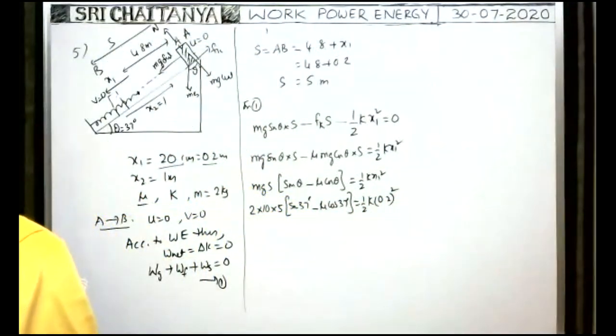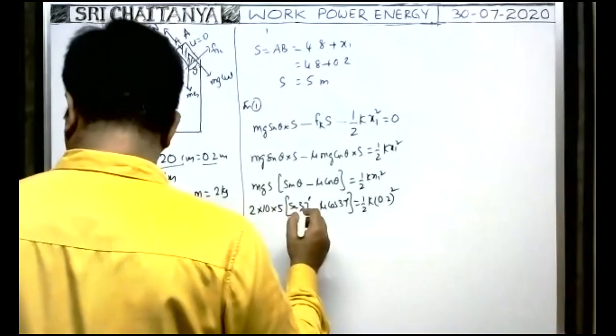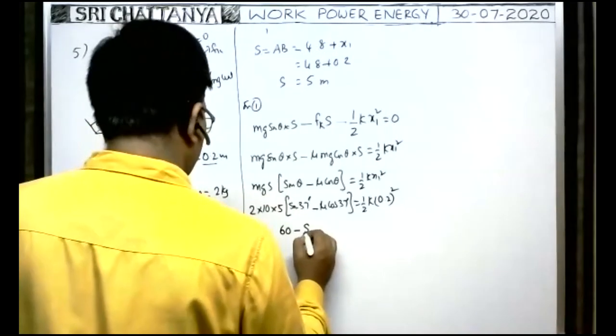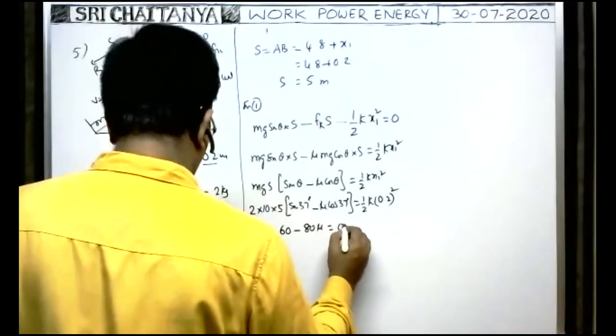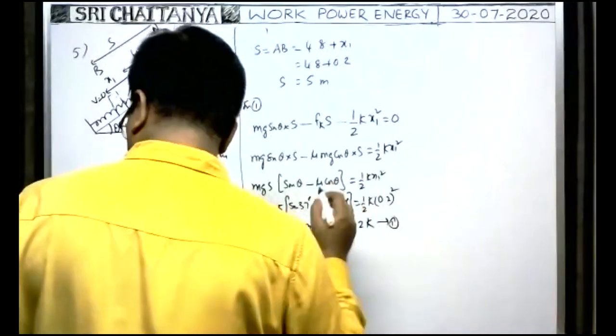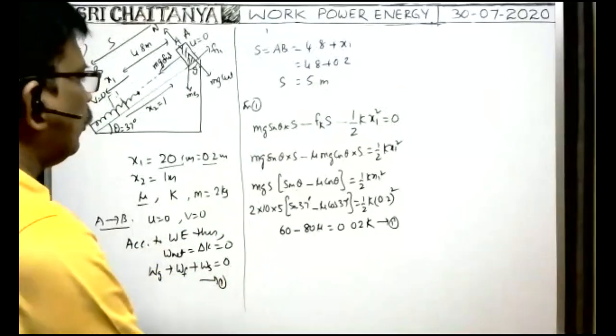When you simplify them, you will get 60 minus 80 mu is equal to 0.02 k. This is equation 1.